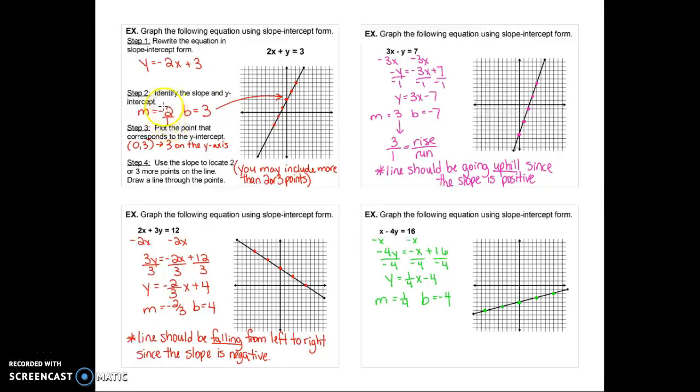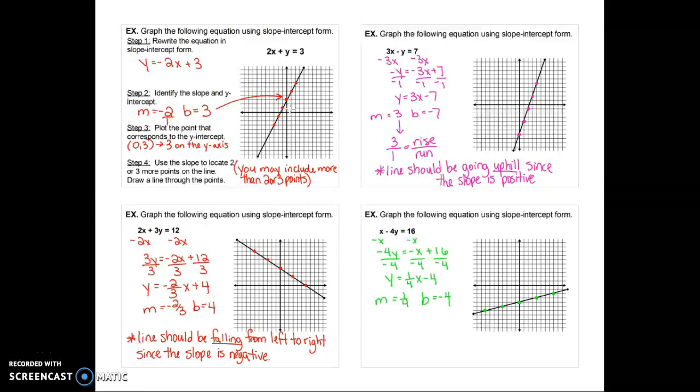That means that I'm dropping 2 and going to the right 1, because it's a positive 1. This line here is actually incorrect, so disregard this line. You should be dropping 2 and going to the right 1.